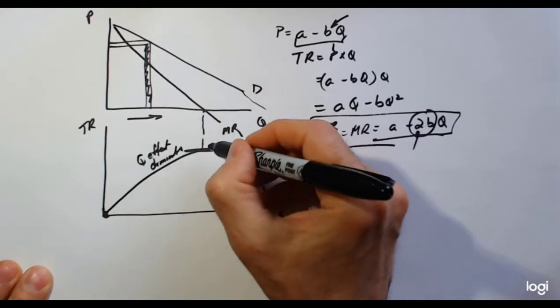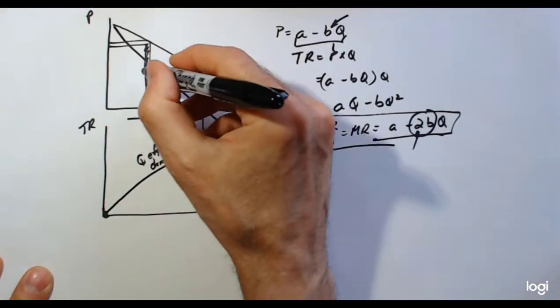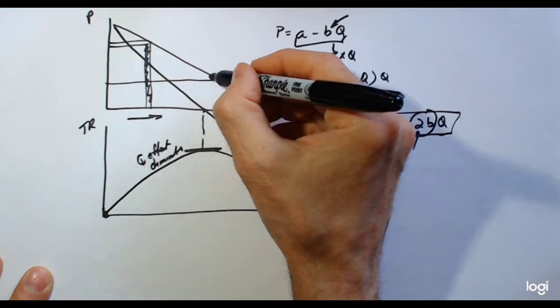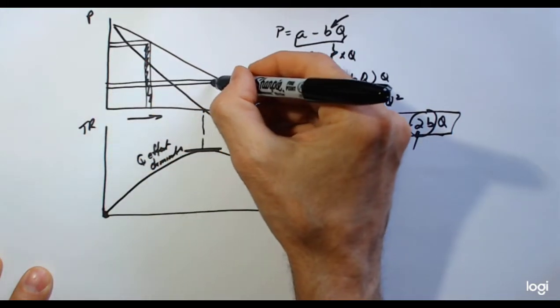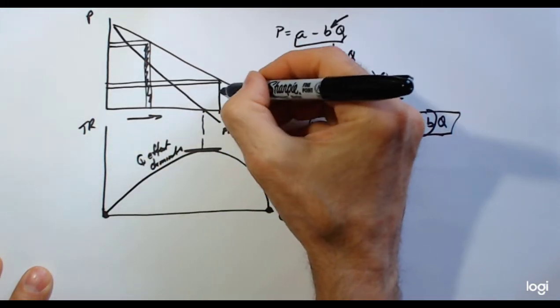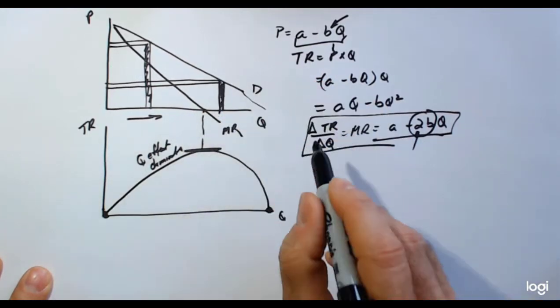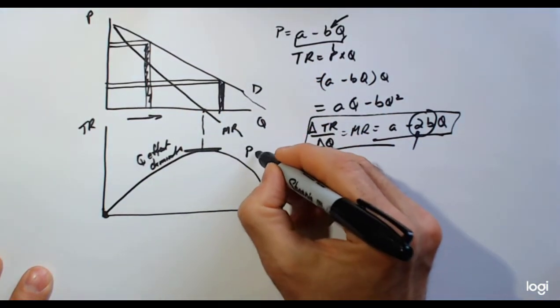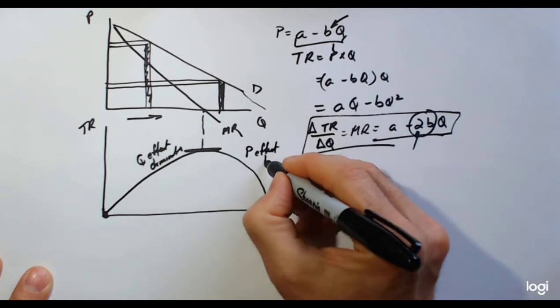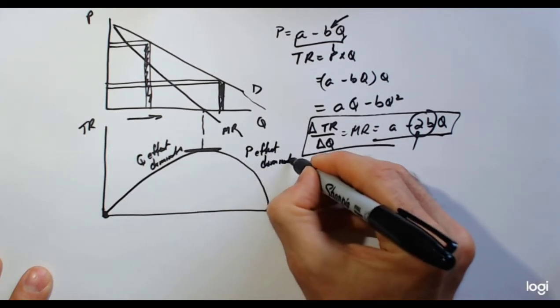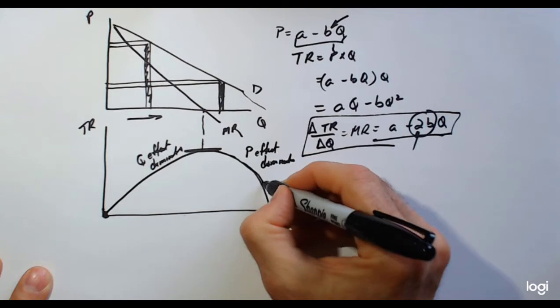And then eventually things even out, and when you get to this side, the price effect is way larger than the quantity effect. This quantity effect is small, so the price effect dominates. And you're on this side.